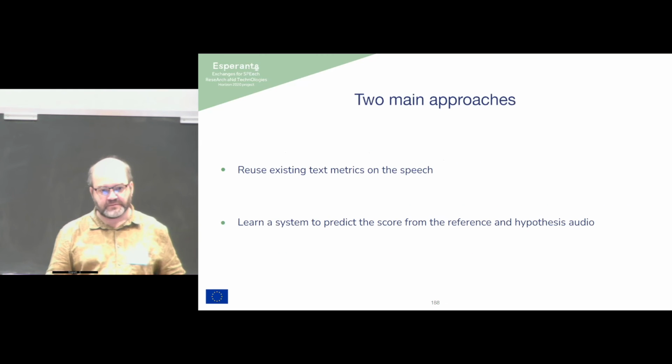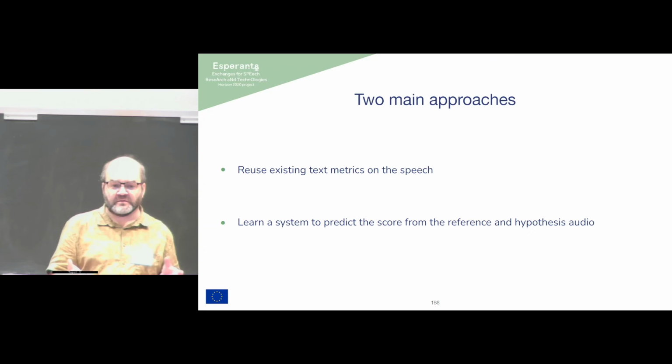So how to do that? We have two approaches. The first one is to see if we can somehow reuse the existing metrics on the text. For instance, you take BLEU, it's comparing the presence of n-grams of words between the hypothesis and the reference, computing precision, etc. And we could say that an n-gram of words, in fact, is a segment of speech.